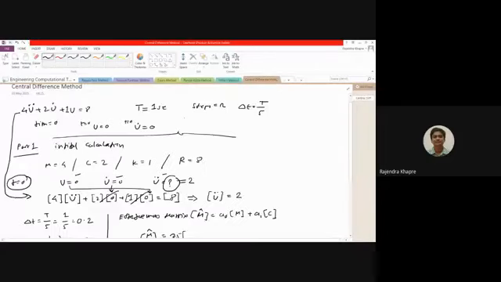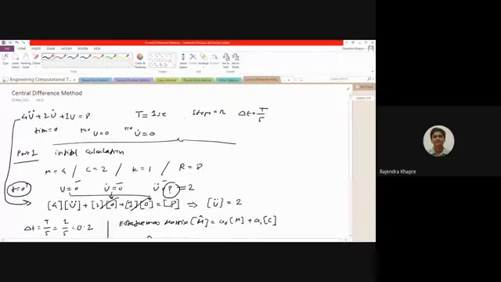If you see, your mass matrix is nothing but 4, so this effective mass matrix is written over here.